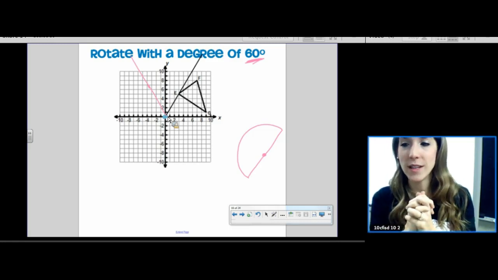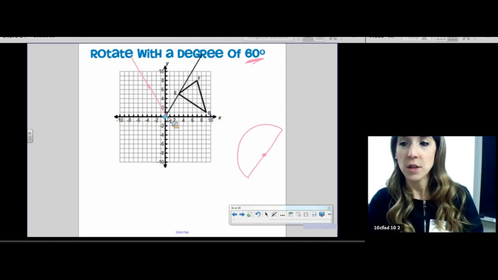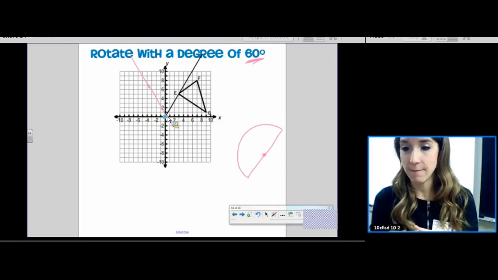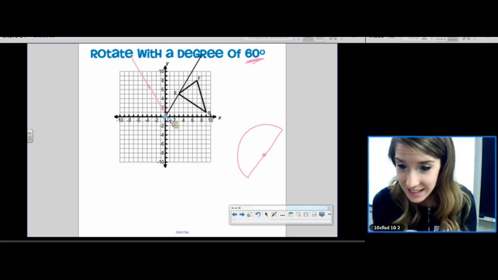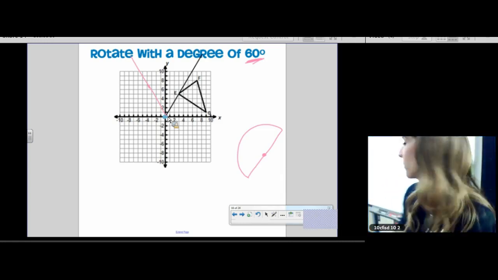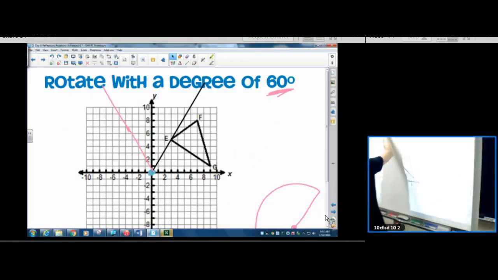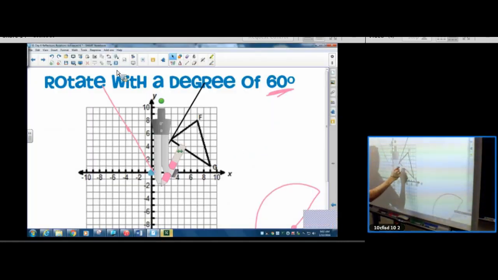But the coordinate is not always going to fall on an integer. So instead of using the coordinate plane, yes, Ton, you could use a compass, very good, or you could use a ruler and measure it. I love the compass answer. So I'm going to do it the compass way, but if you want to do it the ruler way, you can do it the ruler way.